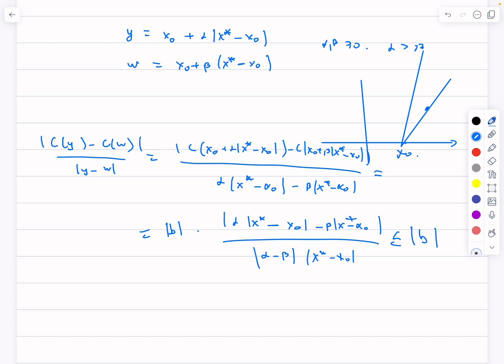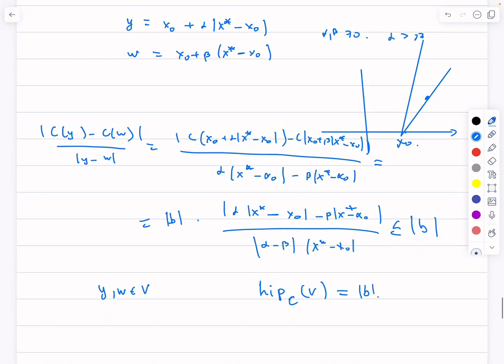So we proved that for any y and w which belong to V, the Lipschitz constant of this cone is equal to the slope.